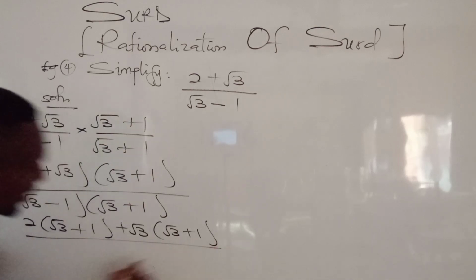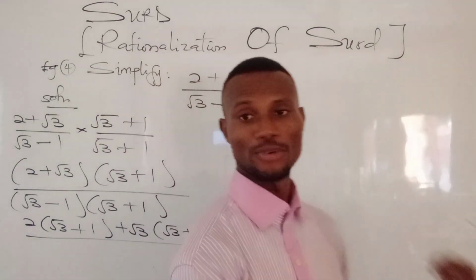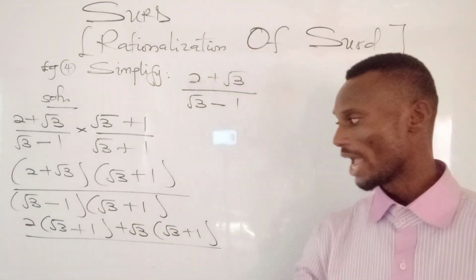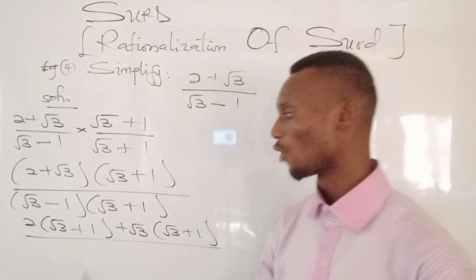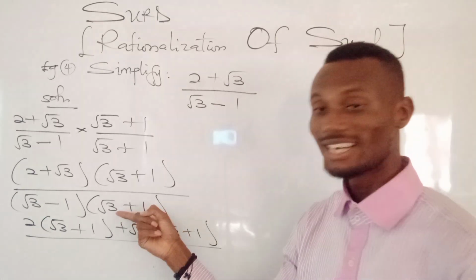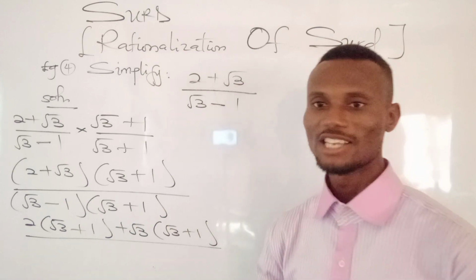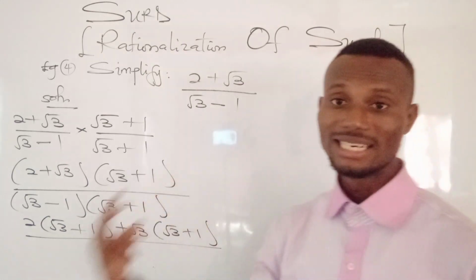All over, the denominator: we apply the same principle to expand it, or remove the brackets. We maintain the last bracket, then each term in the first bracket multiplies the last bracket.